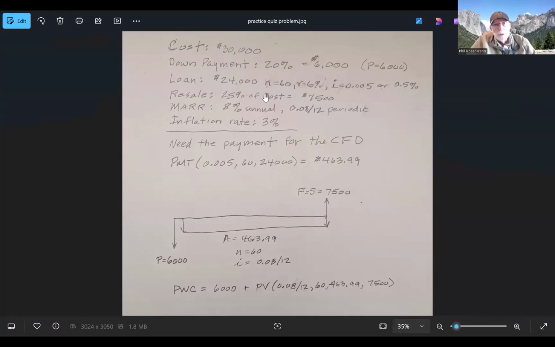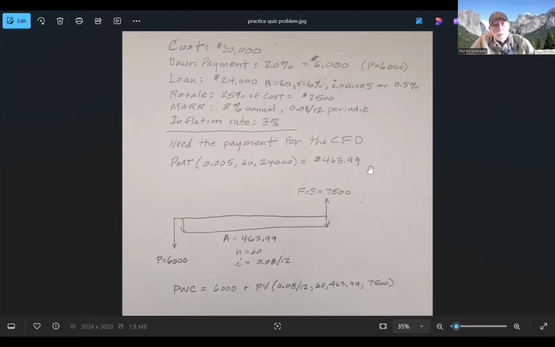The resale value would be 25% of the cost. The minimum attractive rate of return is 8%, and inflation rate is 3%. And what I asked you to do was calculate the present worth of cost. One student in the class got it right. Nobody else did. Nobody emailed me to find out why or any of that.